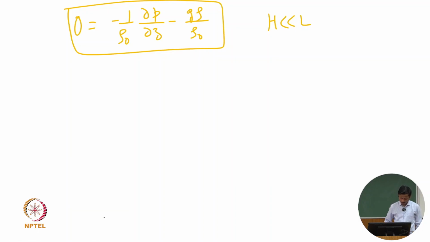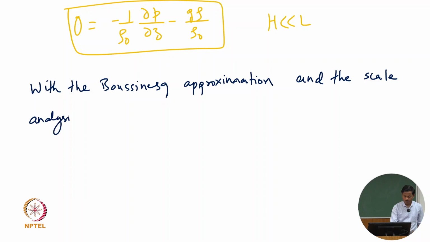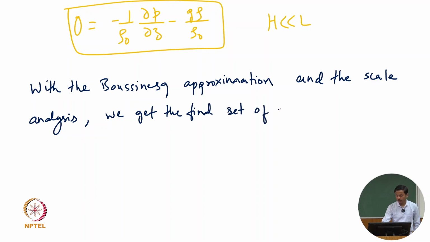So with the Boussinesq approximation and the scale analysis that we have presented before, we get the final set of equations, and we'll see why they are important.